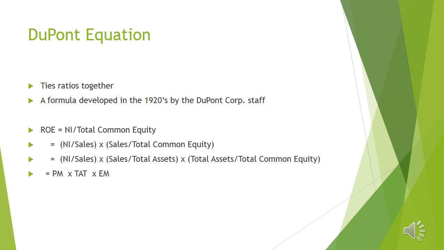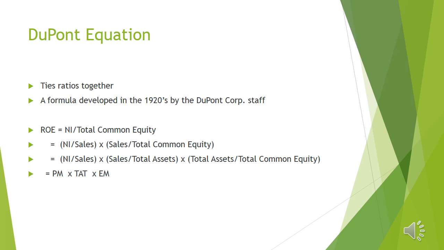So the second term is nothing but the total asset turnover ratio, and the third term is nothing but the equity multiplier. I have a brief discussion about the equity multiplier at the end of this video, so I suggest you take a listen to that as well.